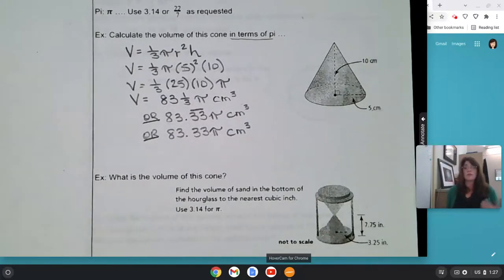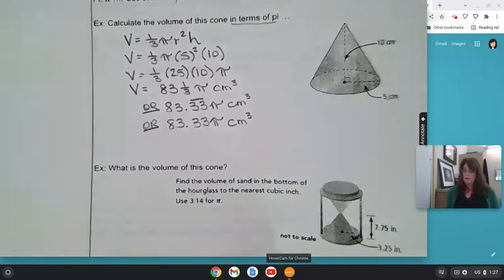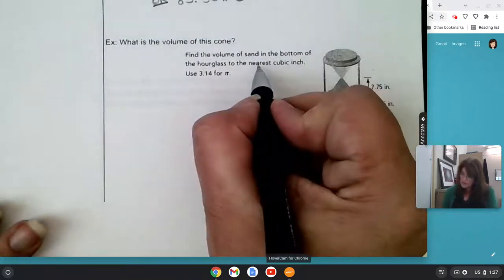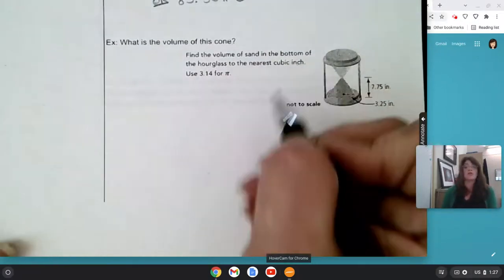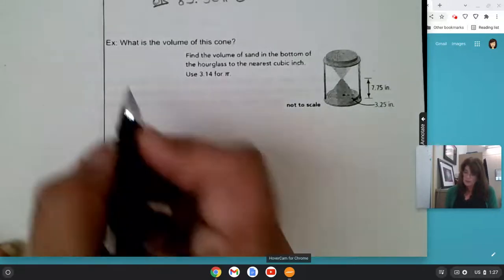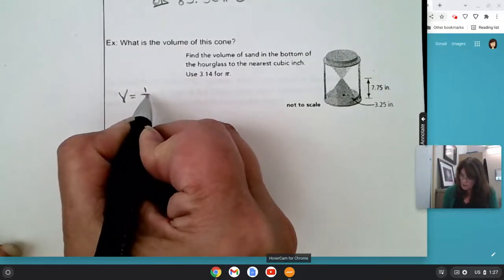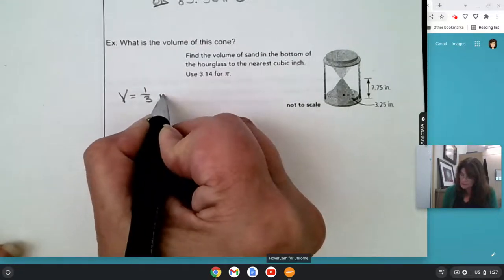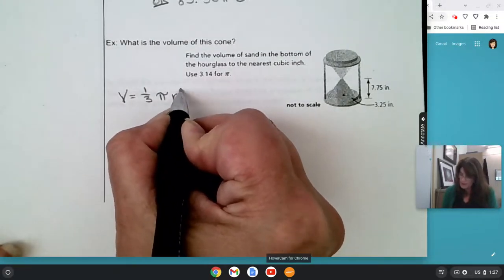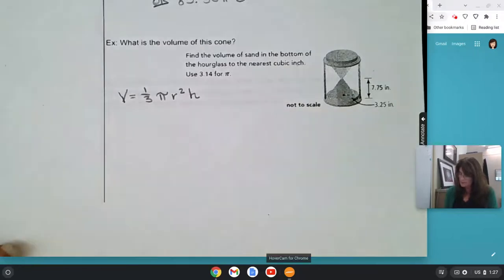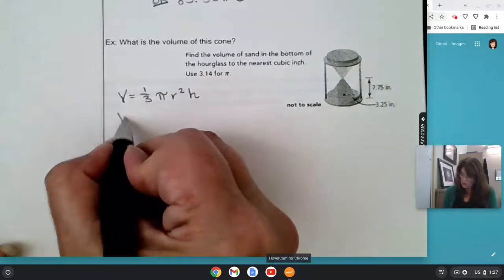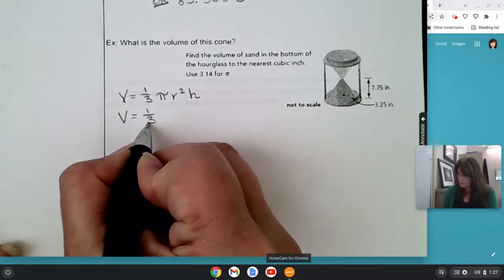All right, well, here's another cone. Now this one, we want the nearest cubic inch. Again, we're going to write down the formula. Volume equals 1/3 times pi, radius squared, height. Volume equals 1/3.